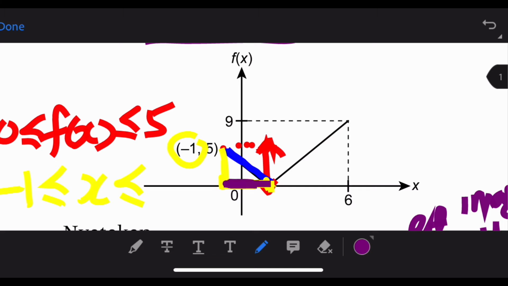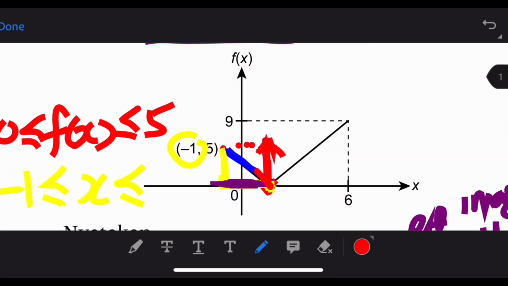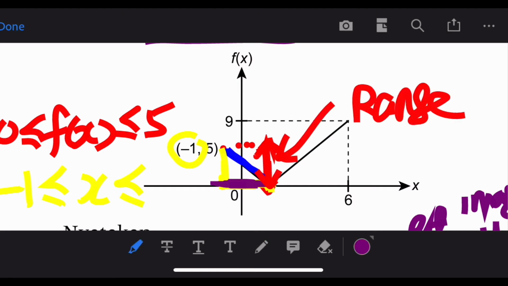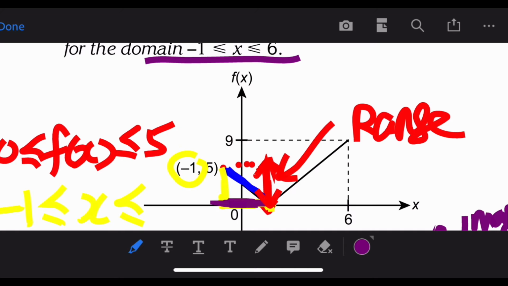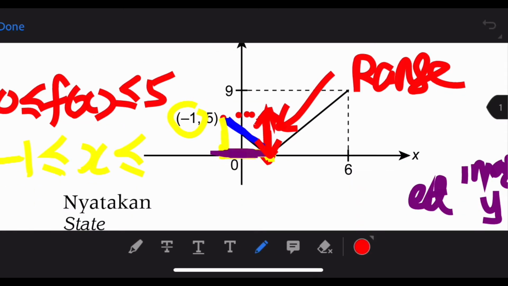This is the domain. The red one is the vertical reading, which is the range. You must be clear what is the domain and what is the range. So the domain is from -1 to this point.